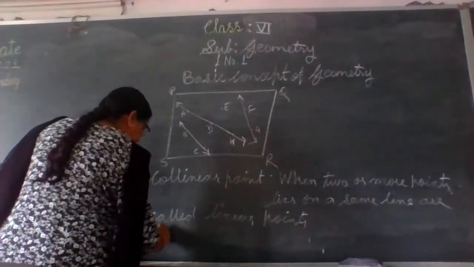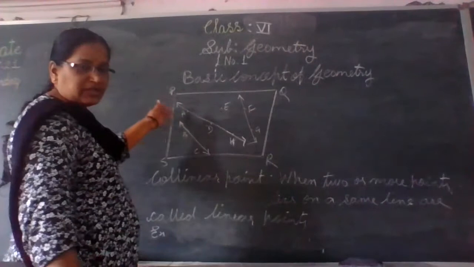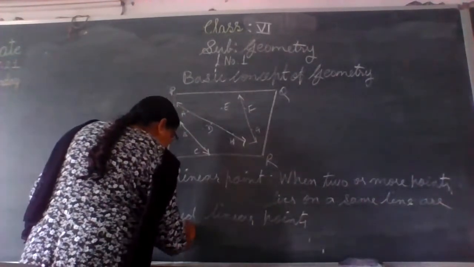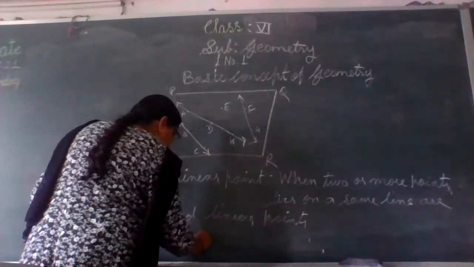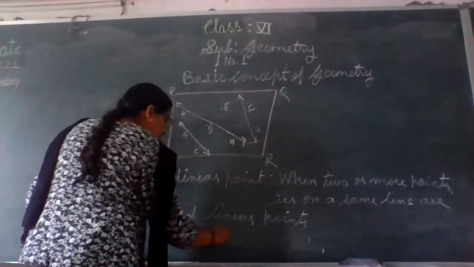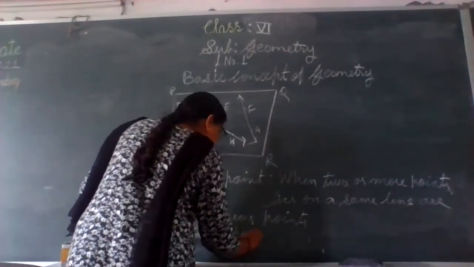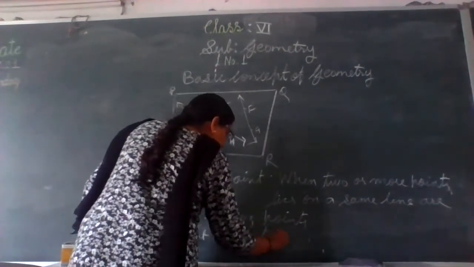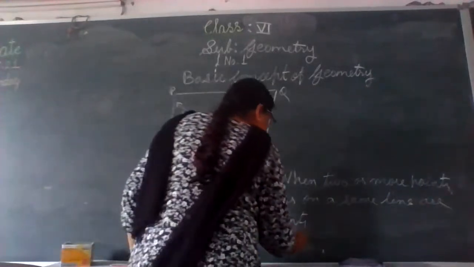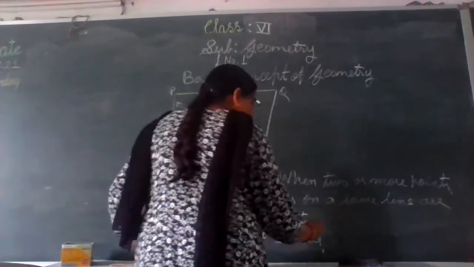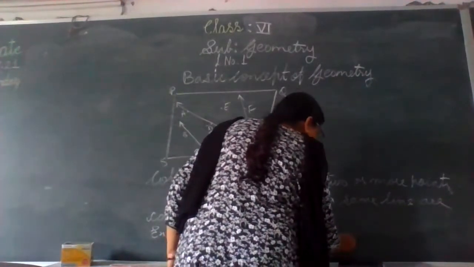For example, from the above figure, points A, D, H are collinear points.